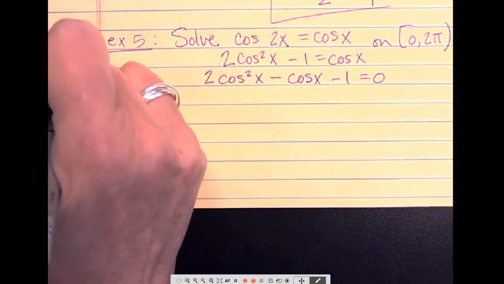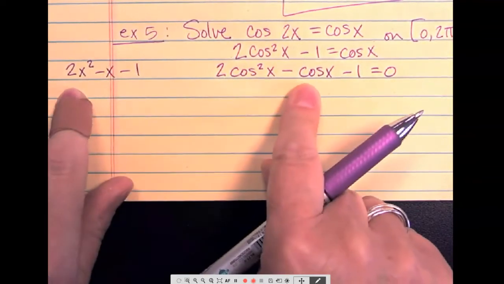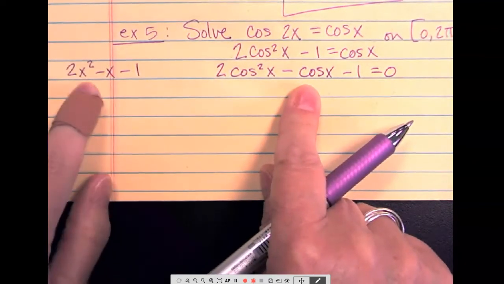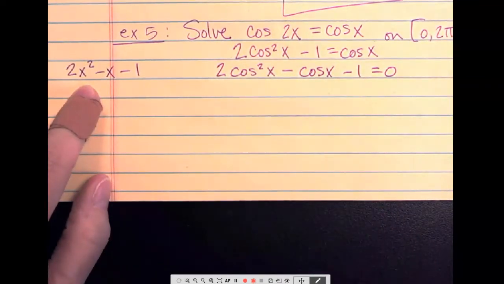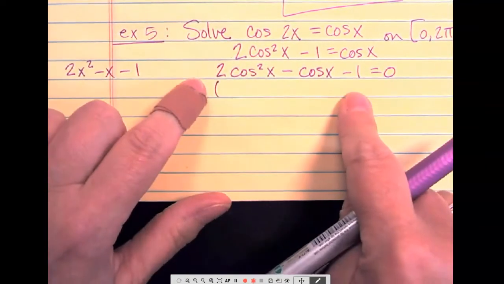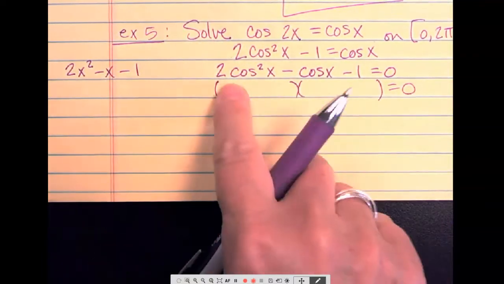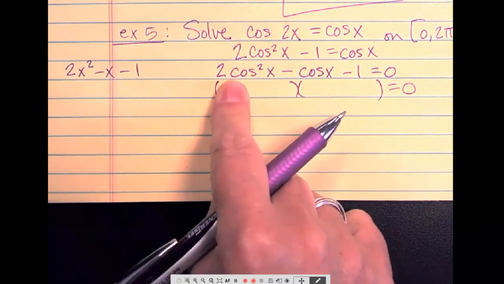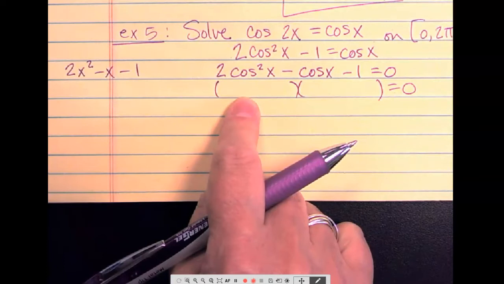Think of this, 2x squared minus x minus 1. That's basically what we have here. How would you factor that? Would you make the x? I'm going to do my guess and check because these are small numbers. 2 and 1, I think we can figure it out. Okay, go to the first term. What 2 things do you multiply to get 2 cosine squared? 2 cosine and 1 cosine.